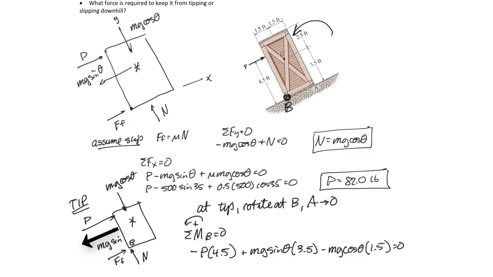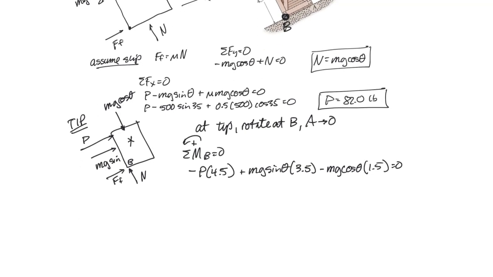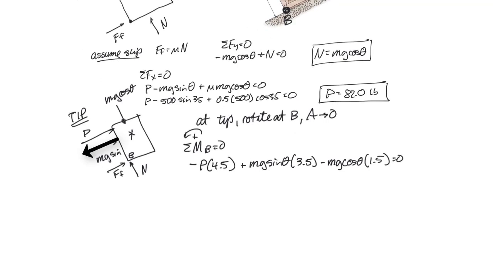All right, let's plug the numbers in and see what we get. Minus P times 4.5 plus 500 sine of 35 degrees times 3.5 minus 500 cos 35 degrees times 1.5 is equal to 0.